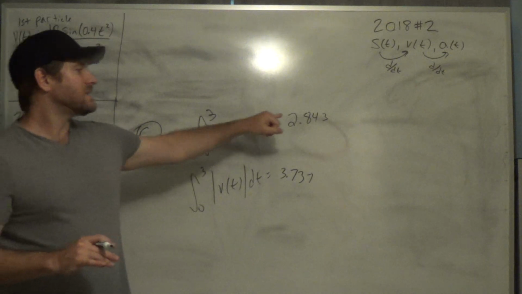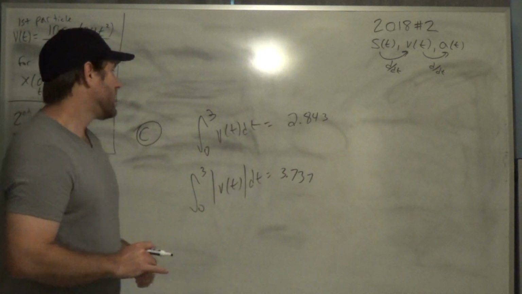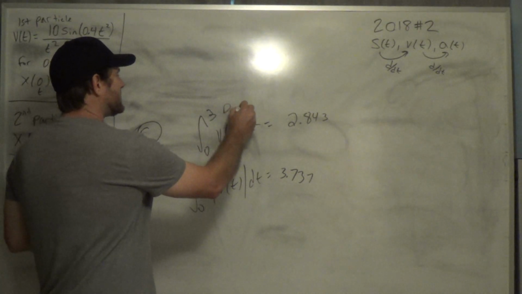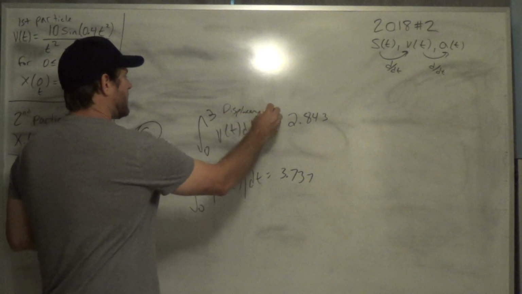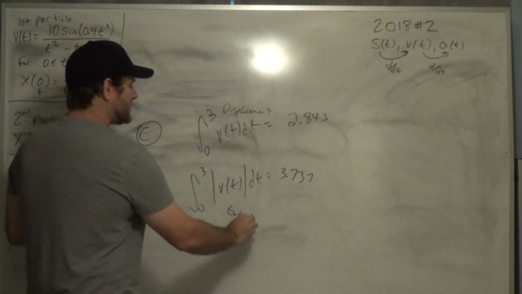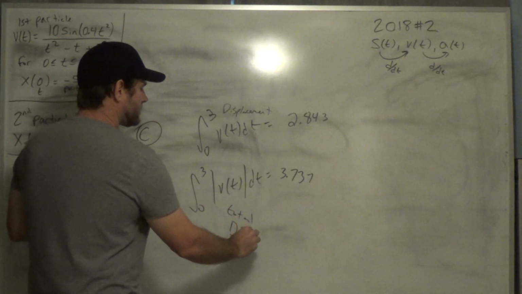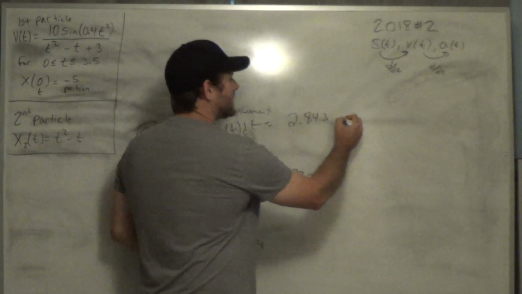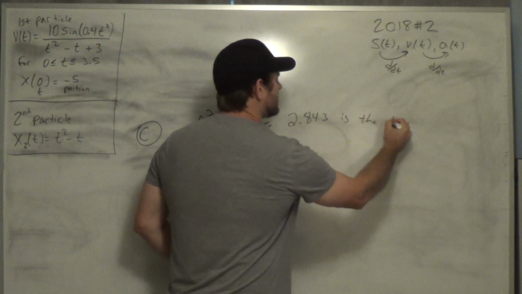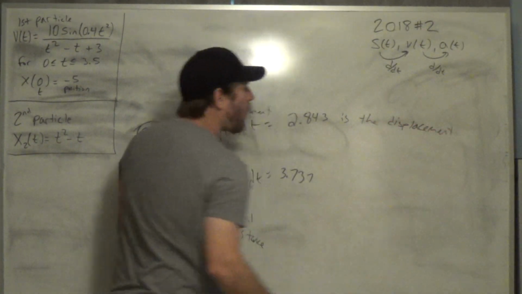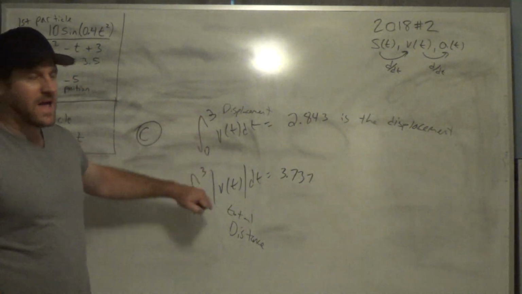All right, so besides the answers, they need you to tell what they mean. The big difference is if it's just velocity, it's displacement. And if it's the absolute value, we have total distance. So you would say this is the displacement, but you always need to talk about time.